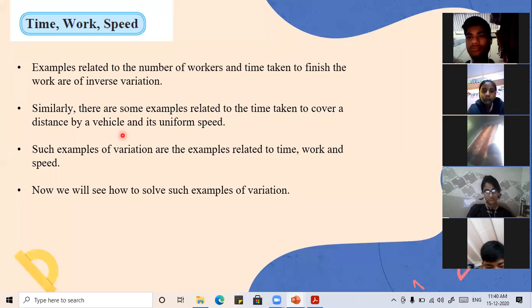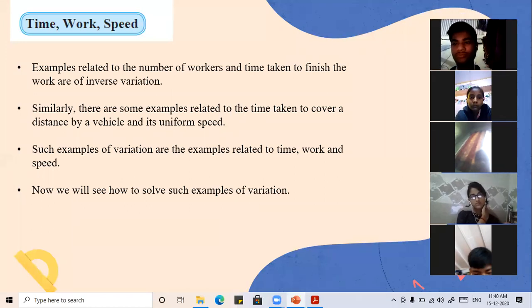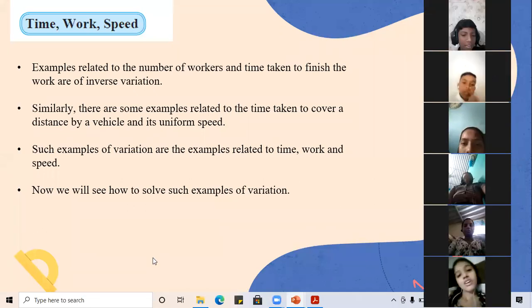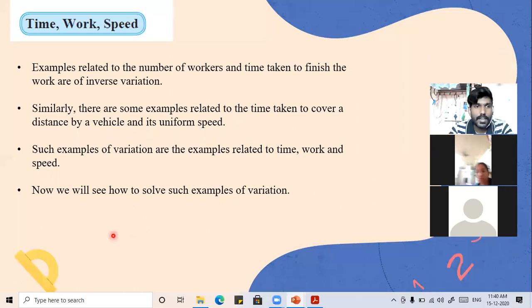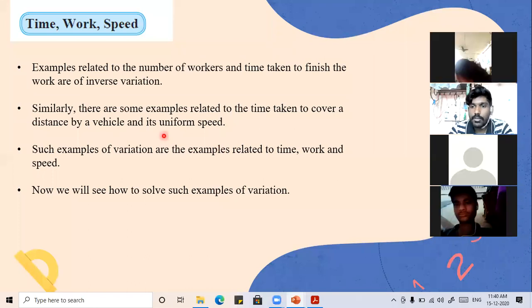If the problem sum is about a vehicle and the time taken by the vehicle to cover a distance, that sum will also be on inverse variation.